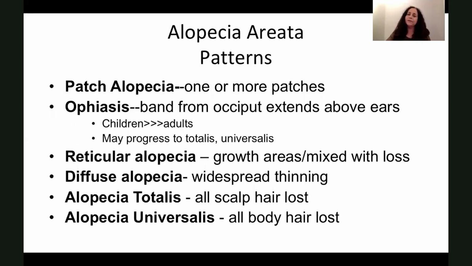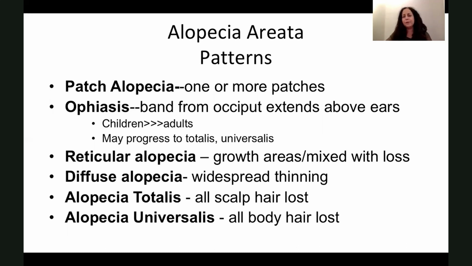There are several different patterns of alopecia areata. The first is patch alopecia, which is one or more round to oval discrete patches of hair loss. Ophiasis is more common in children, although still a rare pattern. And that's a pattern of a band between the ears at the occiput that has a band of hair loss.